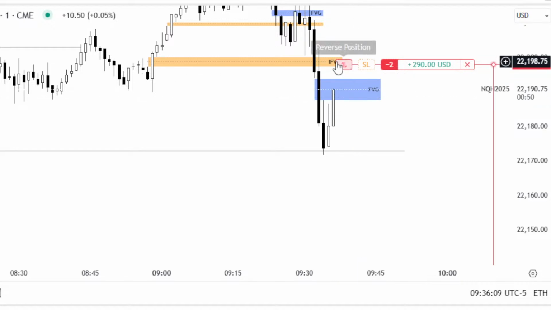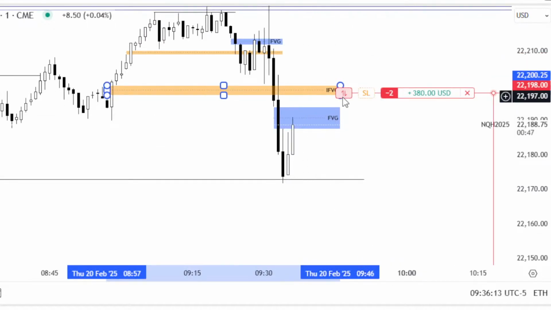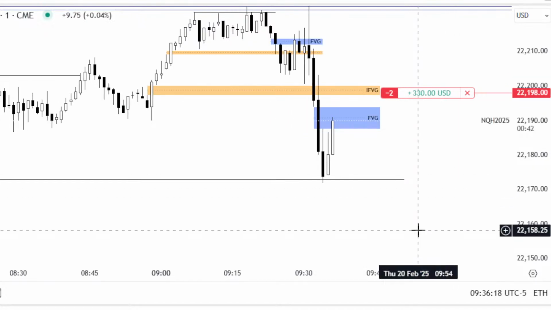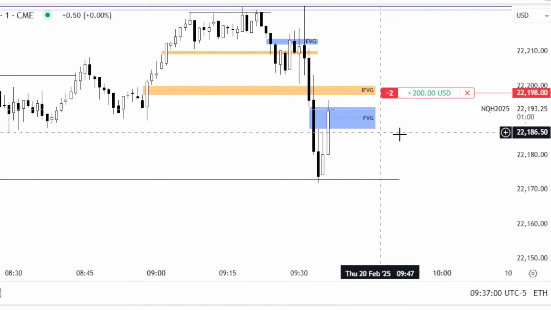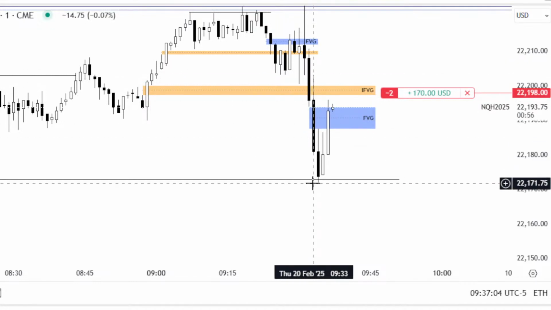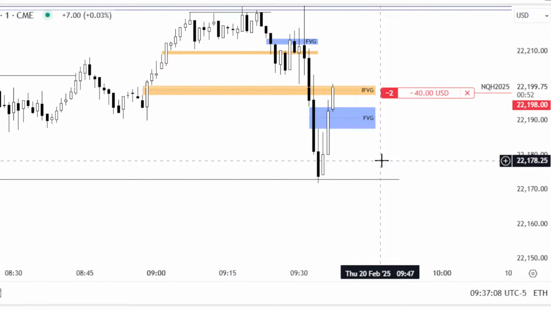I'm going to see this fair value gap hold price. If this gets inverted now, I can just as well close it, because that's a nice push down into that liquidity and immediately go the opposite.